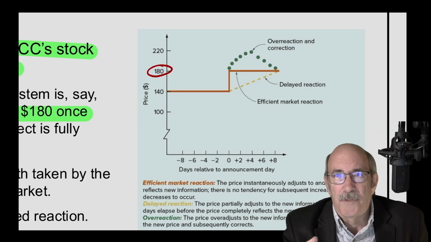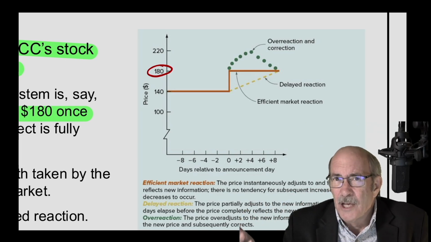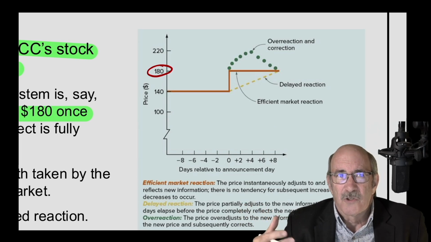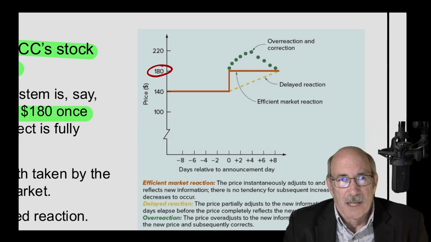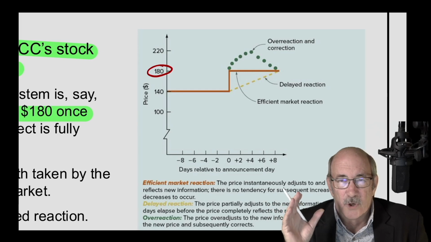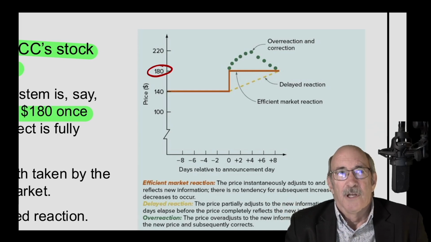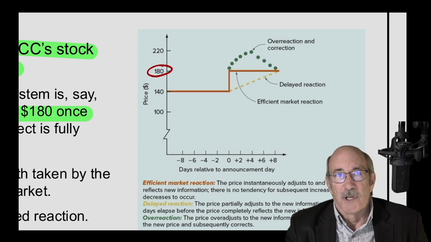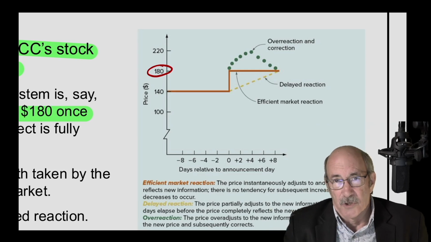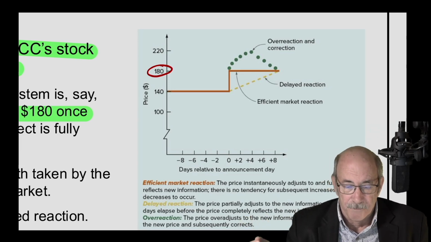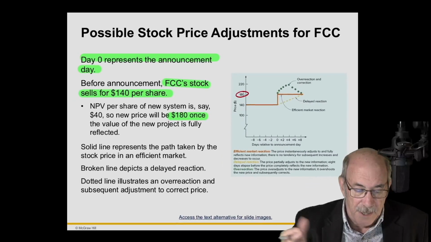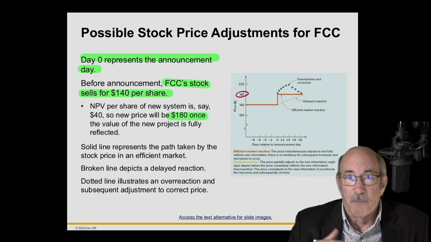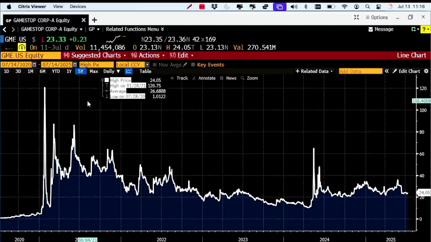But we're okay with that as a society because we want the markets to be fair, right? So why should the insiders get the advantage? And so that's why insiders are prohibited from trading just before new information is released. But as soon as that new information is released, then they too can trade along with the rest of the public. All right. So that example is a great example of what market efficiency is.